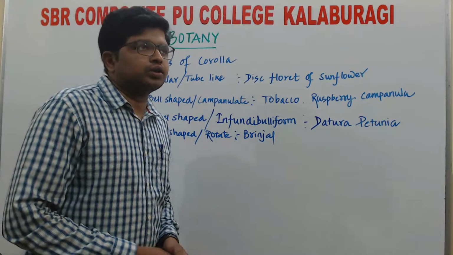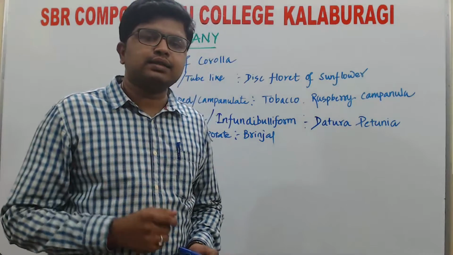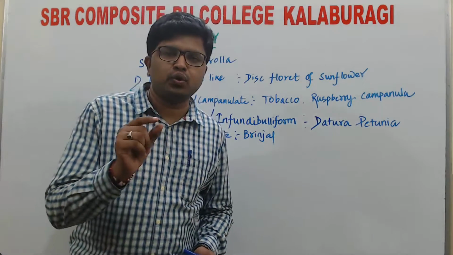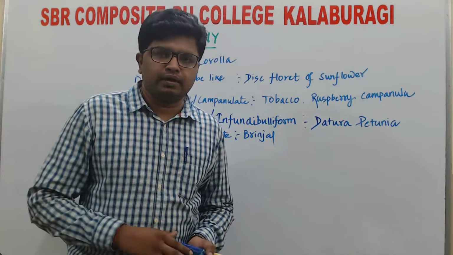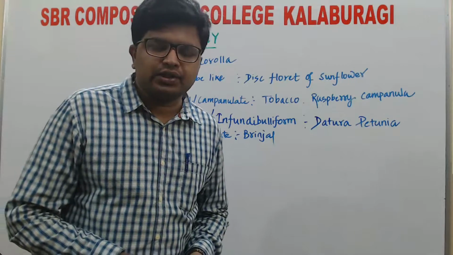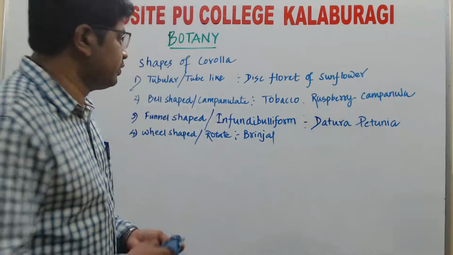Okay, so after discussing the calyx and corolla, I had discussed the mode of arrangement of sepals and petals on the floral bud, which we call estivation. So I had discussed four estivations.